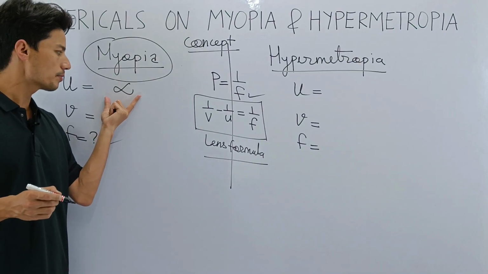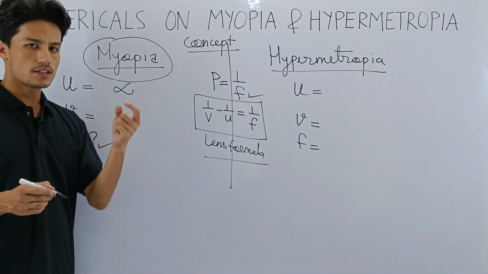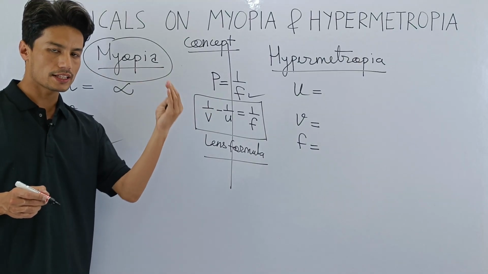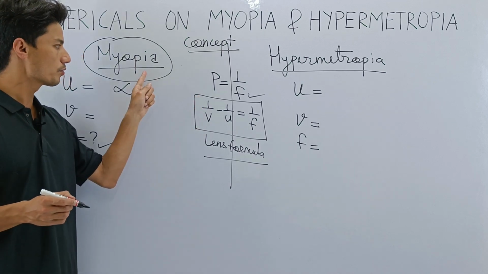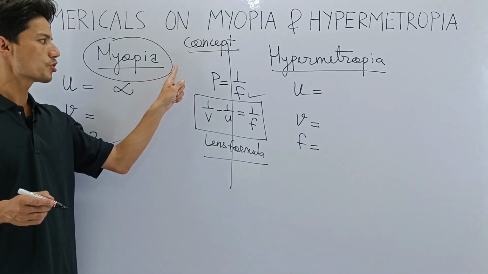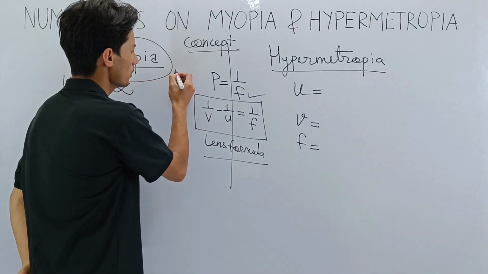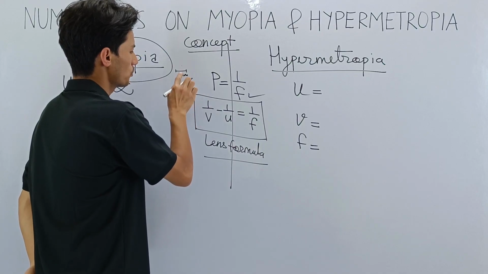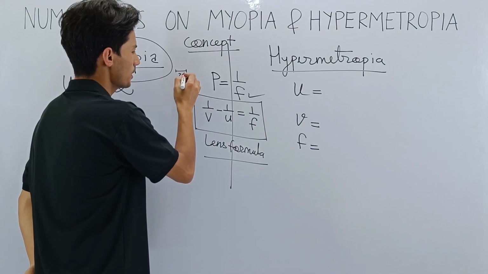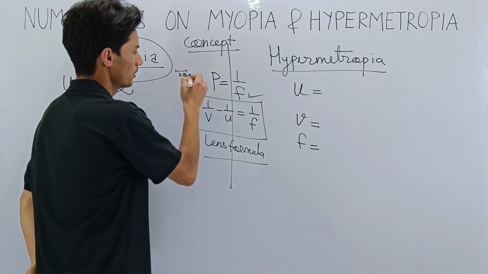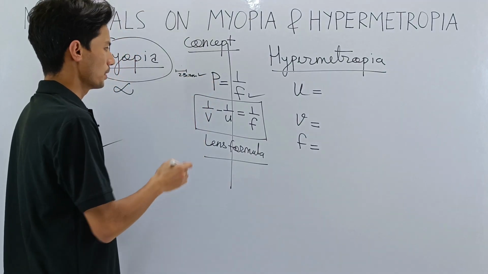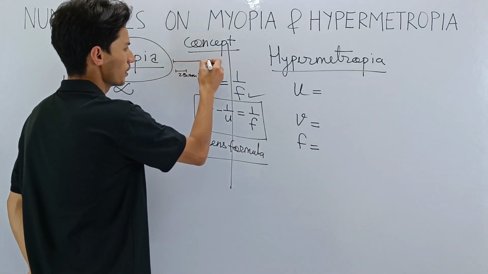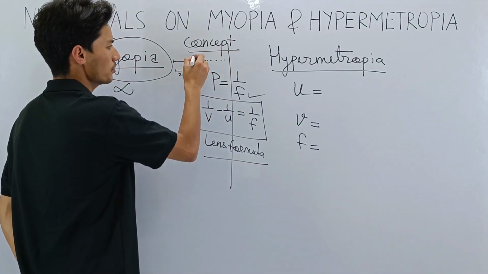We are taking infinity because we are considering the far point of a normal healthy eye. Remember, we are doing myopia. Myopia is short-sightedness: the person can see short objects very well, say 25 centimeters, with no problem seeing near, but has difficulty seeing far objects.